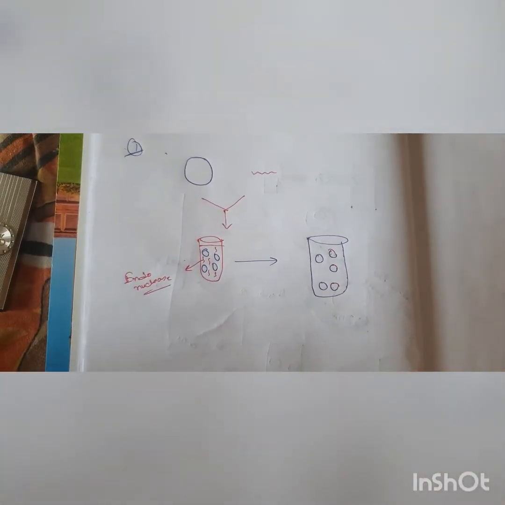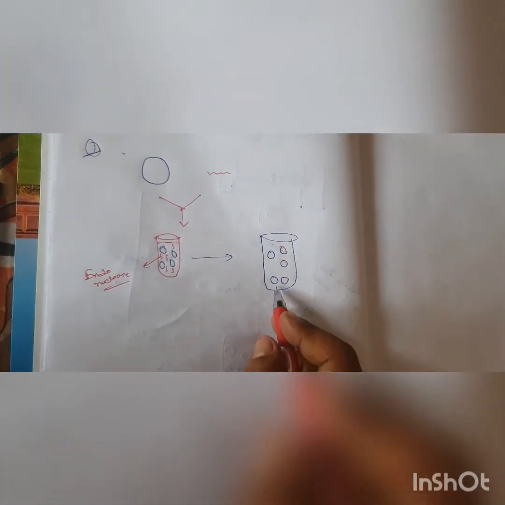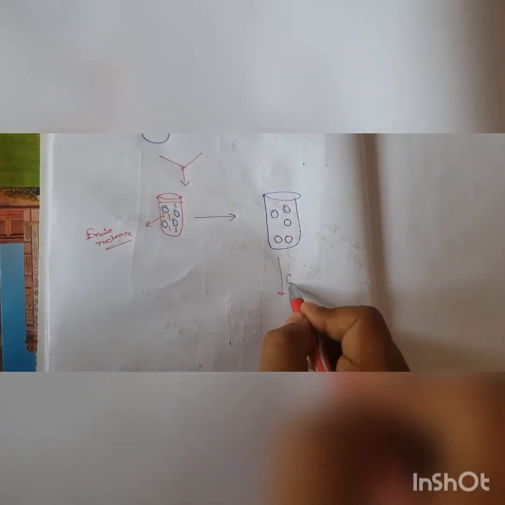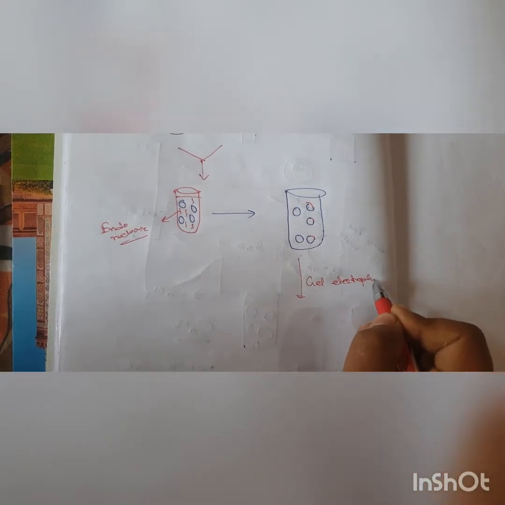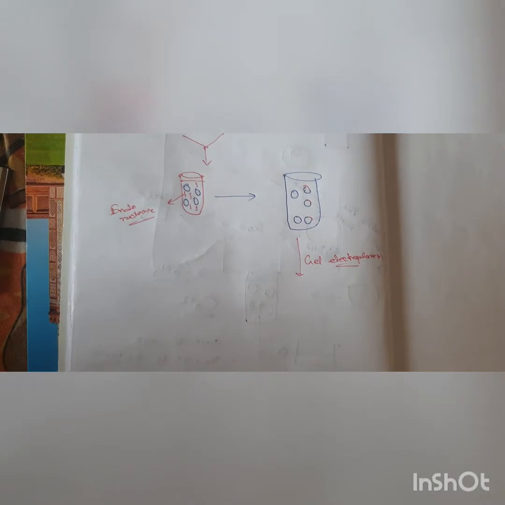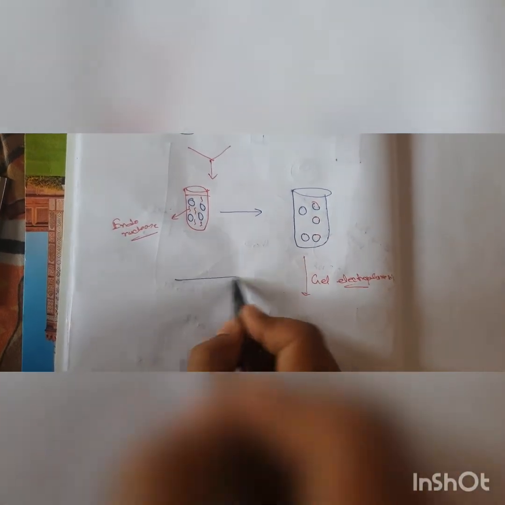Obviously, in modern scientific labs, they will now do gel electrophoresis to separate them. Even in this step you do gel electrophoresis and separate them in a gradient.